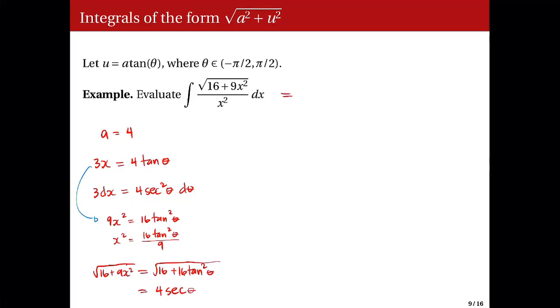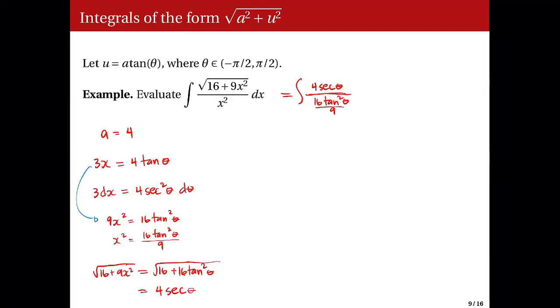So this guy here can be transformed into the integral. So we will have square root of 16 plus 9x squared, that's equal to 4 secant theta. We have the x squared, so we have 16 tangent squared theta over 9.